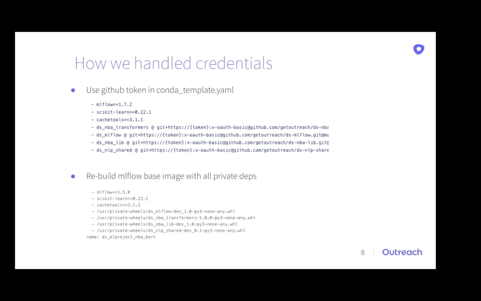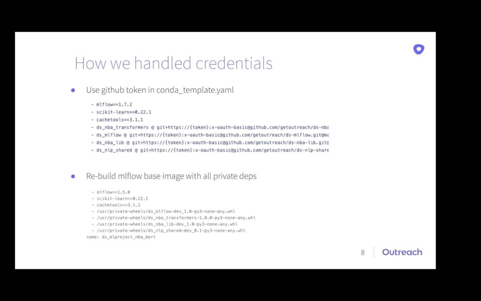So we came up with a solution to have a conda template file, which contains the GitHub token as a mask. At runtime, when we build the Docker image to deploy, we read the token from environment variables and get the GitHub internal dependencies. We build the Python wheels and put them into the Docker image.